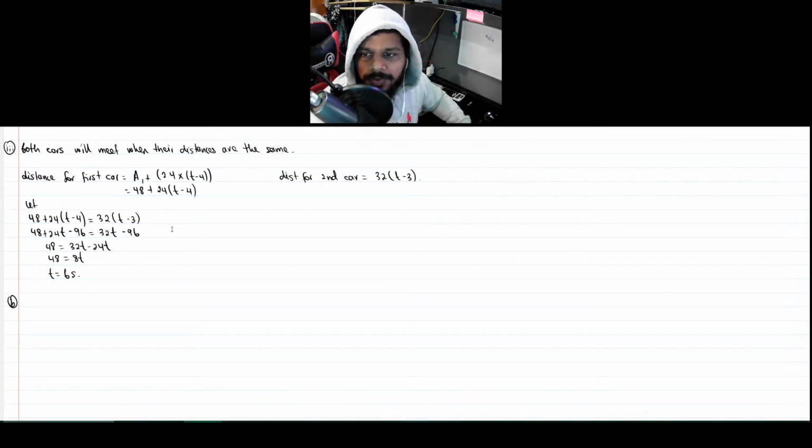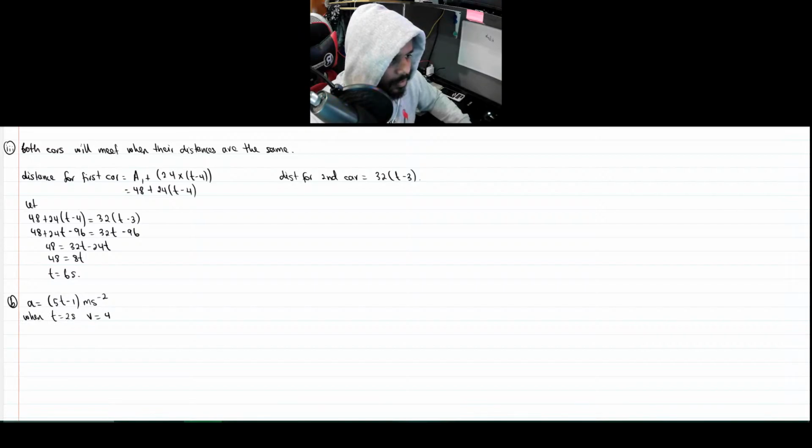A particle moves in a straight line with acceleration a given by 5t minus 1 meters per second squared at any time t seconds. When t is equal to 2, the particle has a velocity of 4 meters per second.